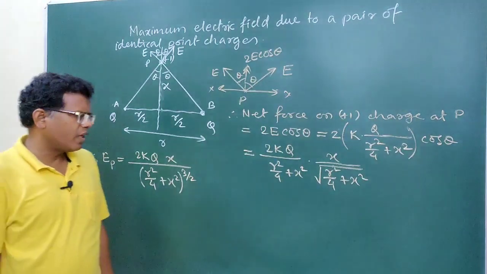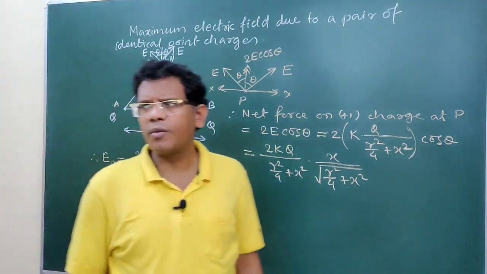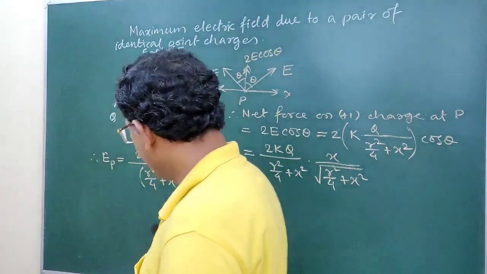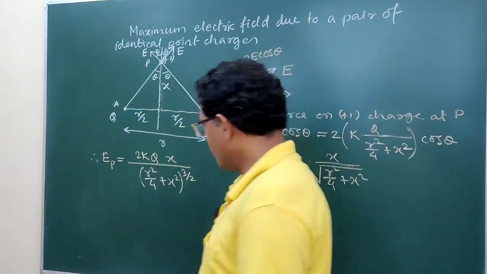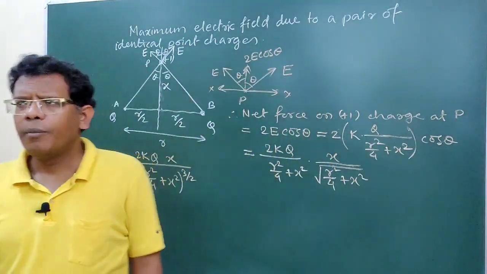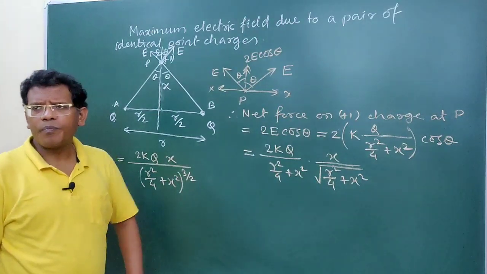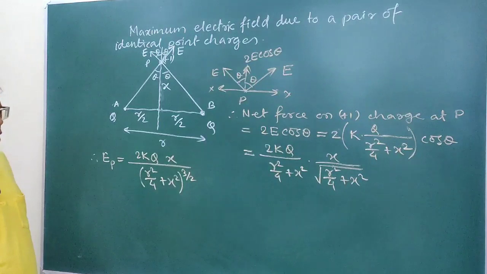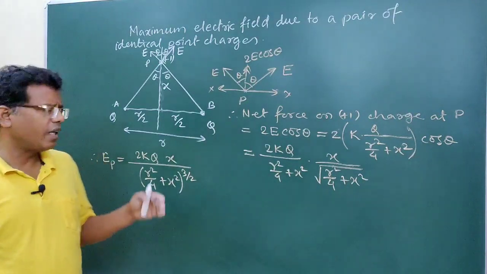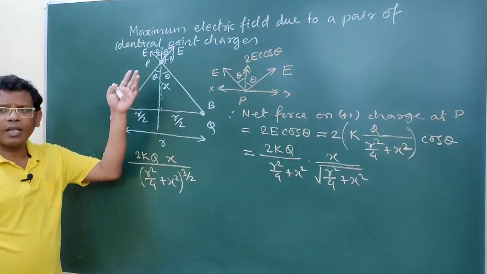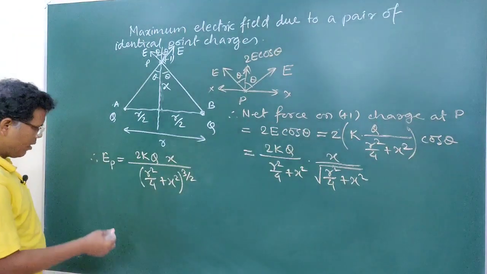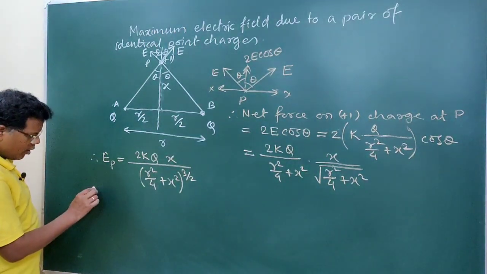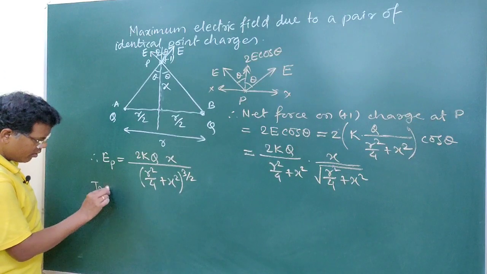So without knowing that particular value of x for which the expression can be maximum, we can use the maxima minima theorem from calculus to know the position of x for which this electric field expression at P can be maximum.